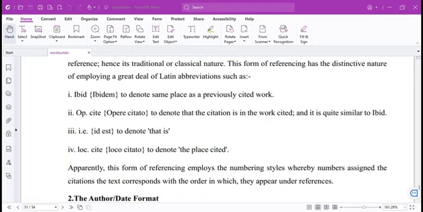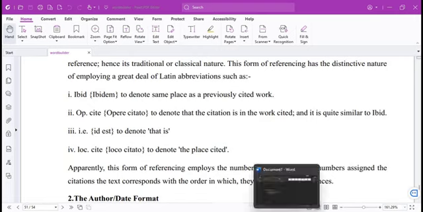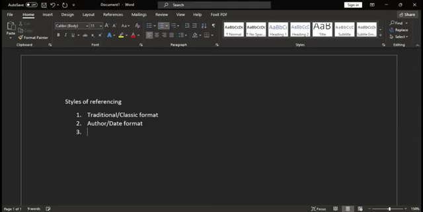Let's just put this down again. The Latin abbreviations.